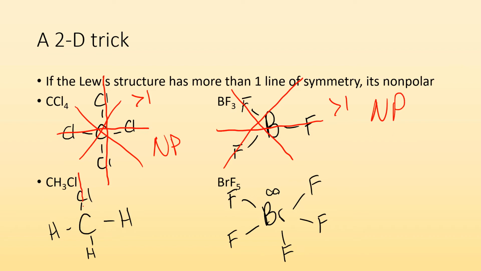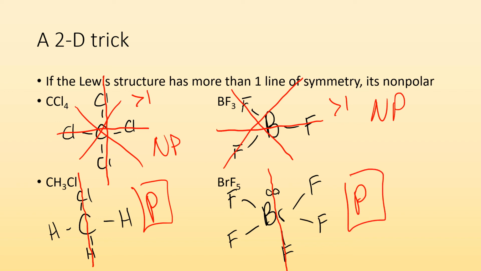CH3Cl, there's only one line of symmetry in that Lewis structure. So that tells me that it's a polar molecule. And then same thing with BrF5. It's kind of harder to see because of how many things there are, but there's only one line of symmetry there, which tells me that it's a polar molecule. There's only one.